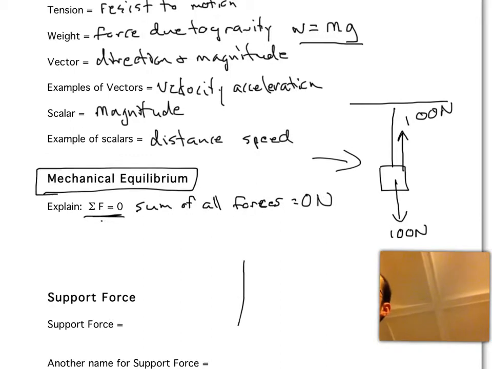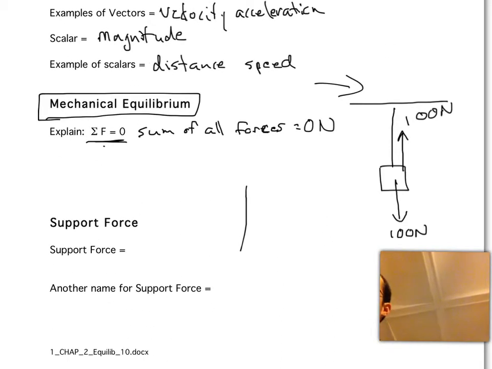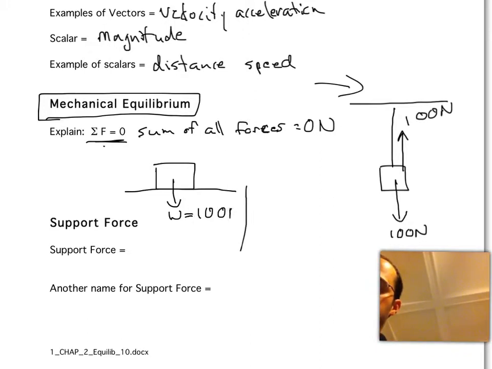If we talk about another force, let's pretend that we've got just a box. We'll go back to our box, but instead it's sitting on the ground. We have the weight acting downwards, whatever it's going to be. We don't know. Let's say it's 100 newtons. Well, we need to have the exact same amount of force moving upwards, otherwise this box is going to fall through the earth.